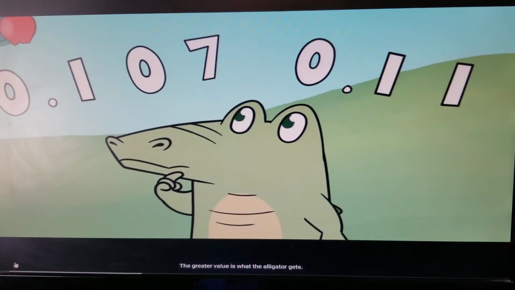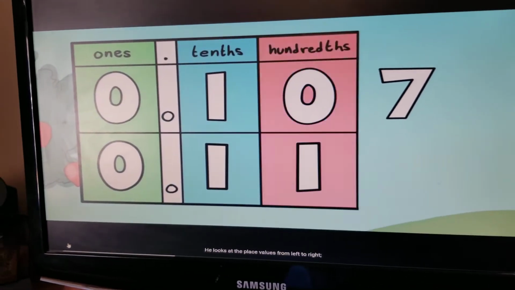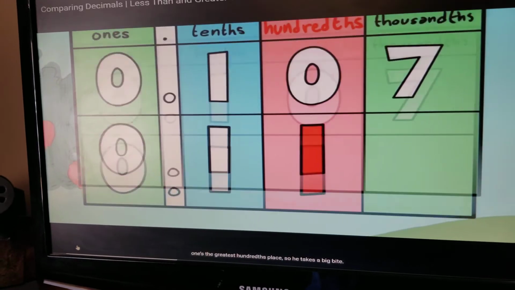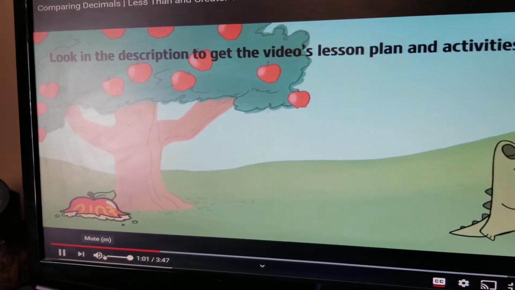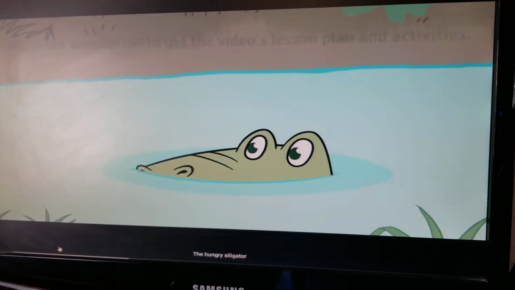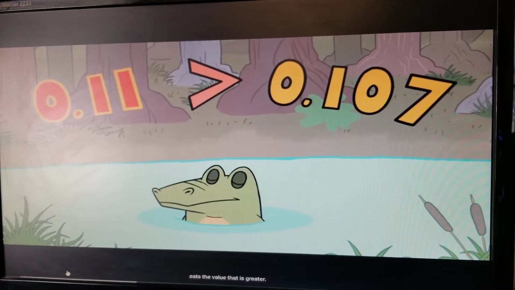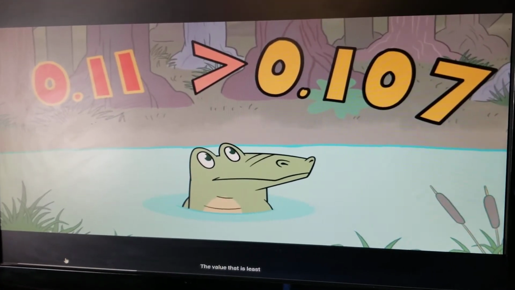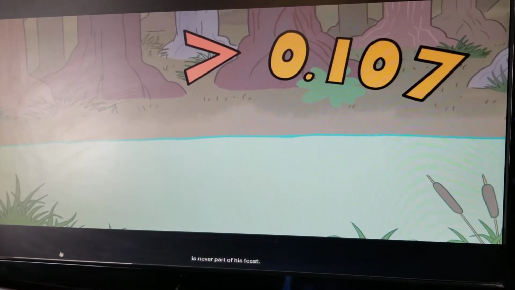The greater value is what the alligator gets. He looks at the place values from left to right. Wants the greatest hundredths place, so he takes a big bite.